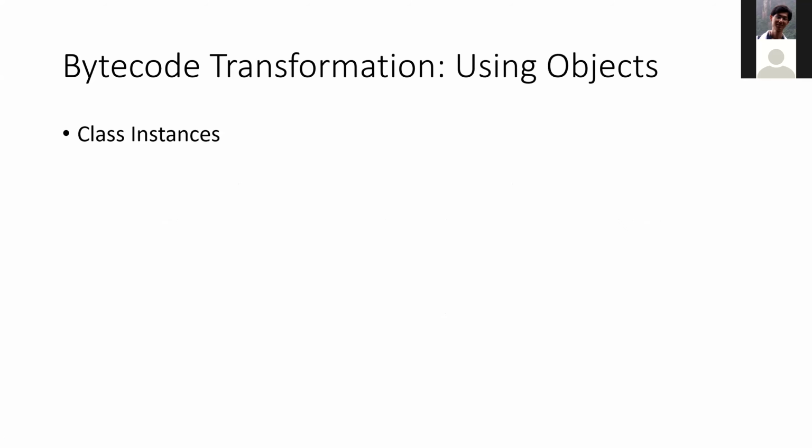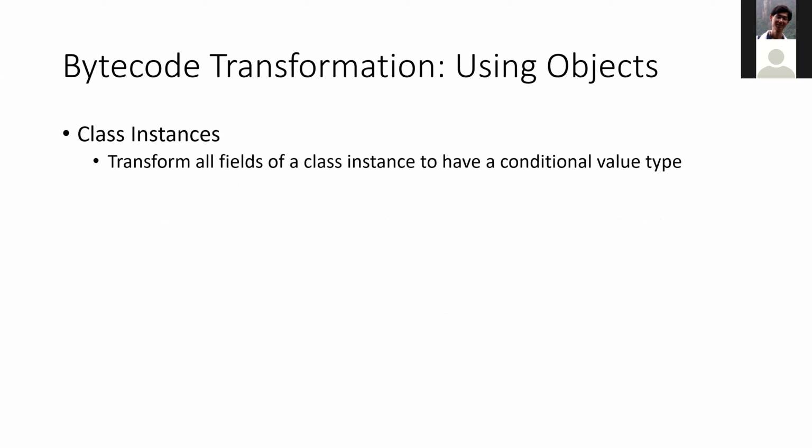So another thing is for object types. So class instances, basically we have to transform all the... Small question. Suppose there's a branch, right? Suppose there's if conditions, and for example, suppose you write something like this.